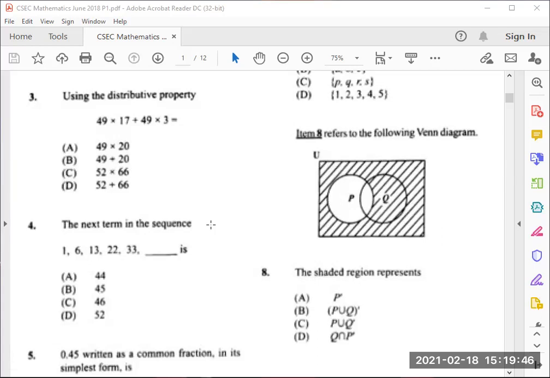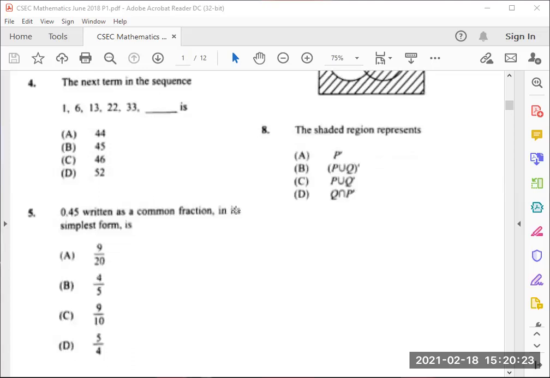So what's the answer for number 3? A. Ariana says A. Tashela says A. Okay. 49 is common on both sides of the plus sign. So you write that 49 and you add the 17 and the 3 and you get 20. So A, 49 times 20.